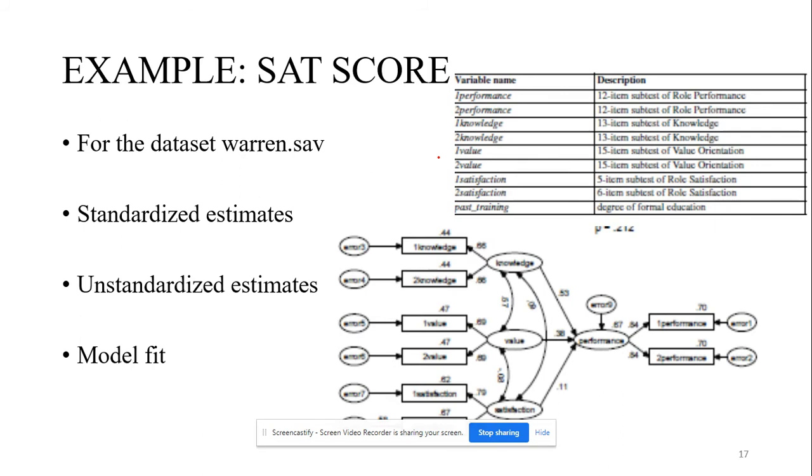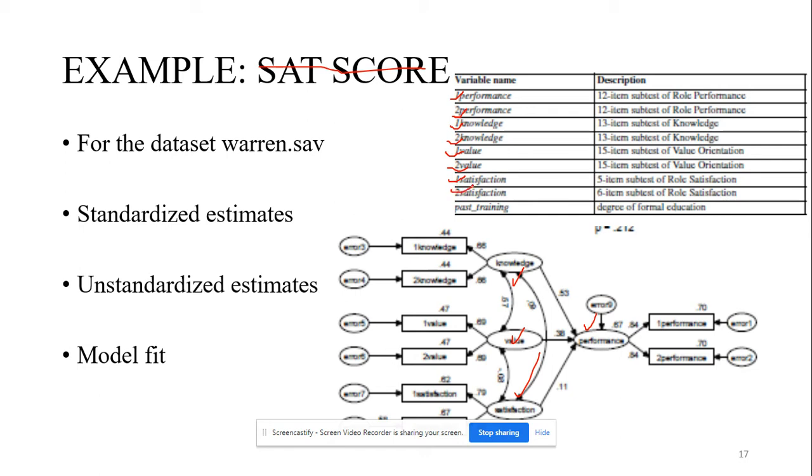So let's look at one example. Knowledge, value and satisfaction lead to the performance of an employee. Correct? So in this model, we have observed variables: performance 1, performance 2, knowledge 1, knowledge 2, value 1 and value 2, and satisfaction is measured by satisfaction 1 and satisfaction 2.